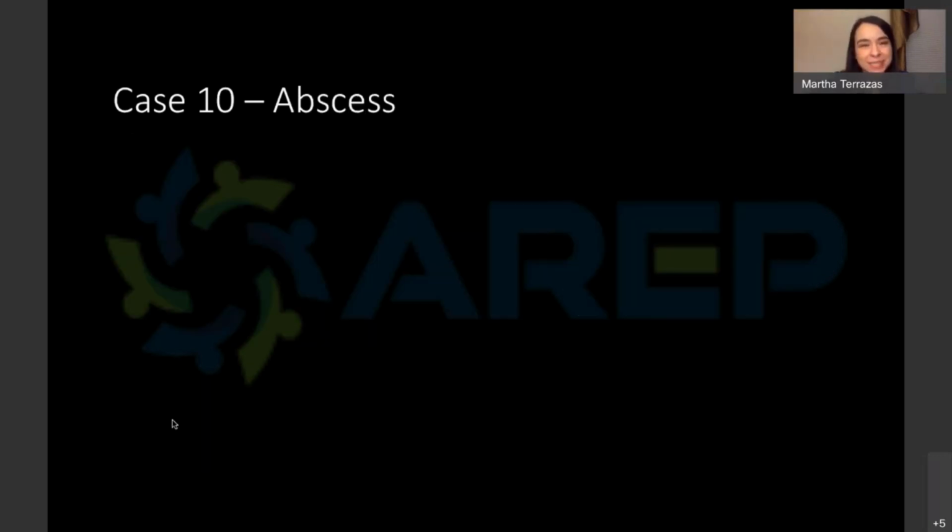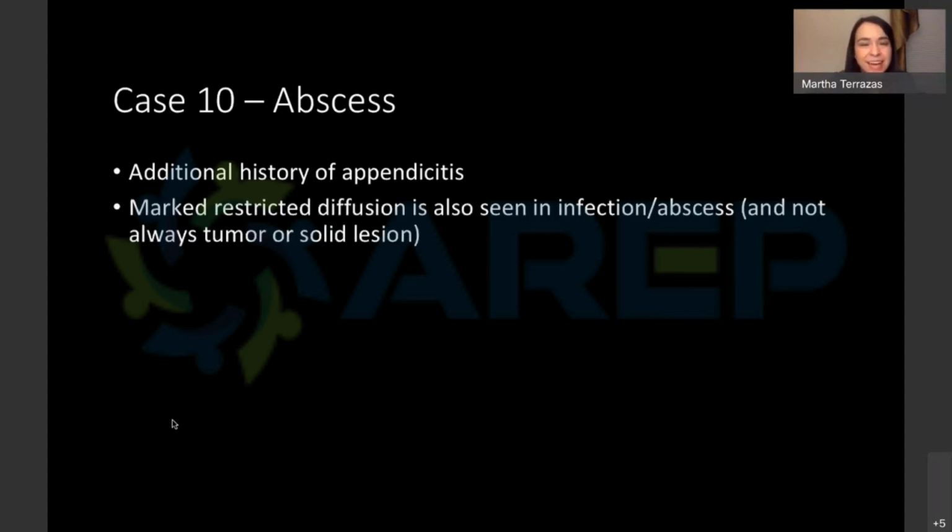So this was an abscess. This was actually drained. A drain was put in at some point by IR, interventional radiology. This patient had a history of appendicitis and had this lesion, just to show you that even though this has marked restricted diffusion, it doesn't necessarily mean that there is a malignant mass in there. We can also see this with infection or abscess, and not always tumor or solid lesion.